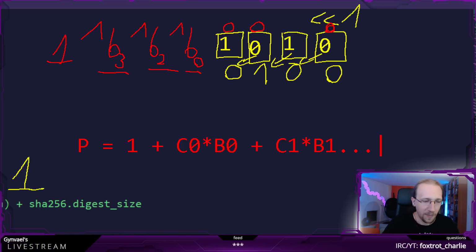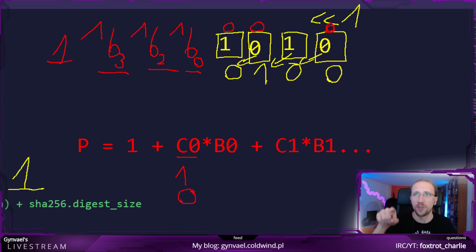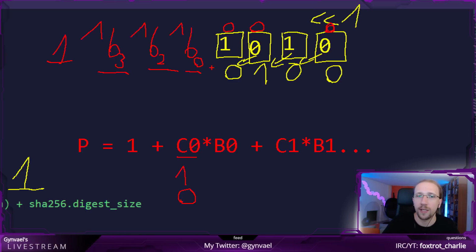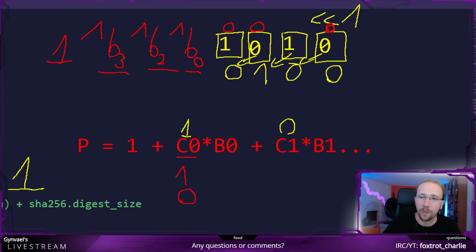So in this notation, the c0 might be 1 or 0, 1 meaning I selected this bit, and 0 meaning I didn't select this bit. So in our case, we selected bit 0, so this would be 1. And I didn't select bit number 1, I never selected this one, right? So this would be 0.